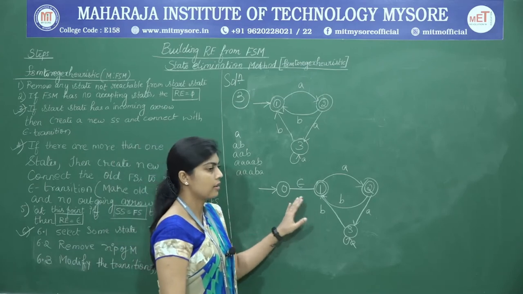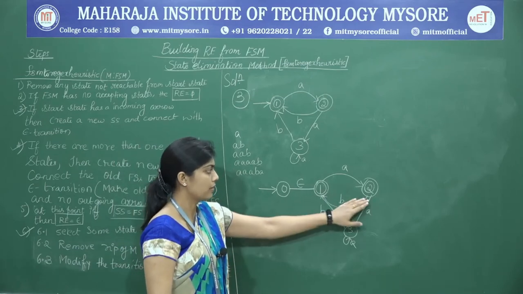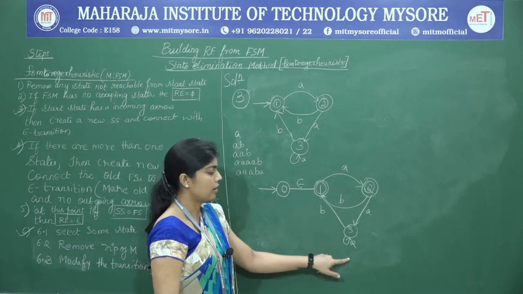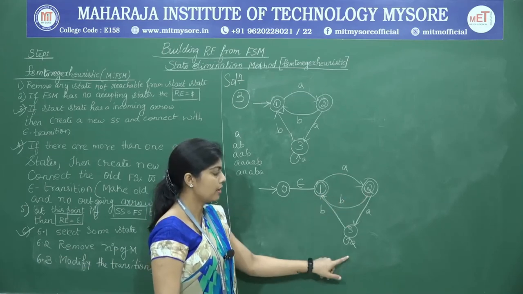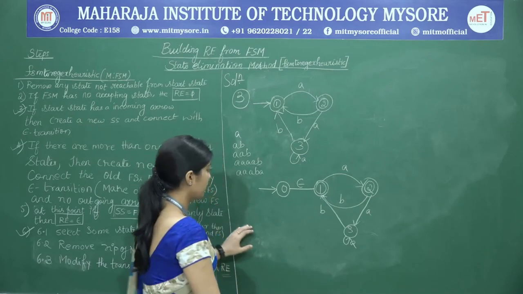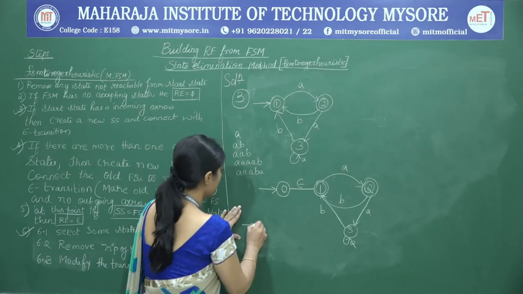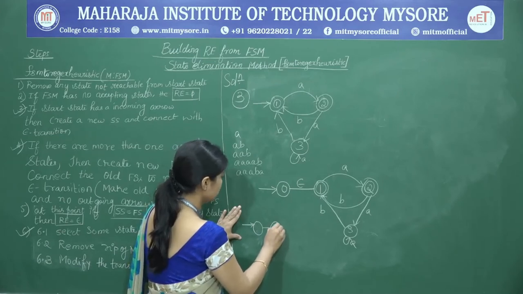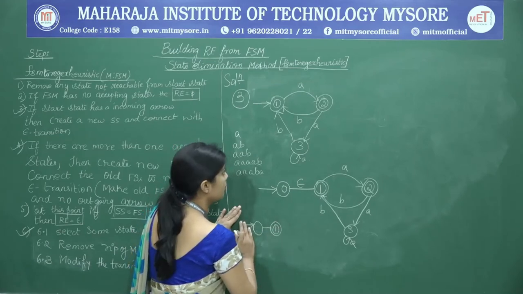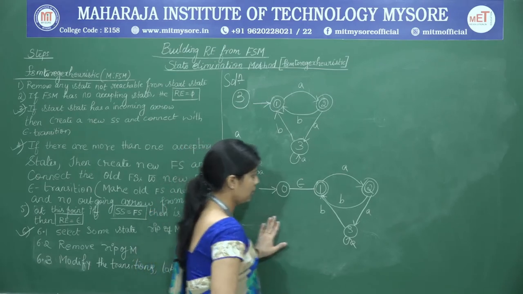Next step is, in case the automata has got 2 different final states, then create a new final state and connect both of them via the epsilon transition to the new final state. So, therefore, I am going to write the diagram here. This is 1.